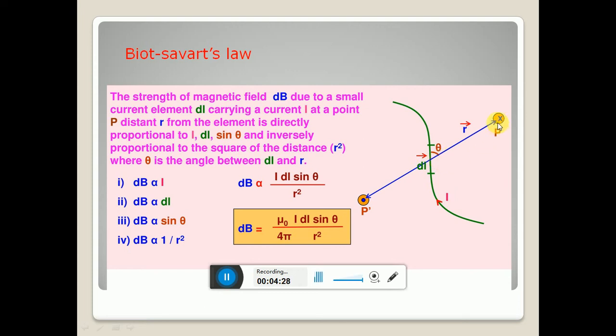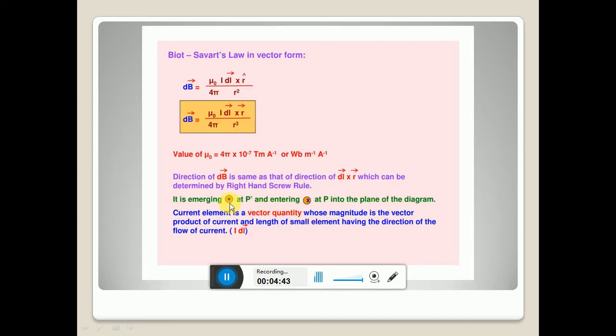If the direction of magnetic field is into the plane of the board, that can be expressed with this cross symbol. Here the magnetic field is coming out of the plane of the board, so it is expressed with a dot symbol. Dot indicates the emerging magnetic field and cross indicates the magnetic field which is going into the plane of the board.